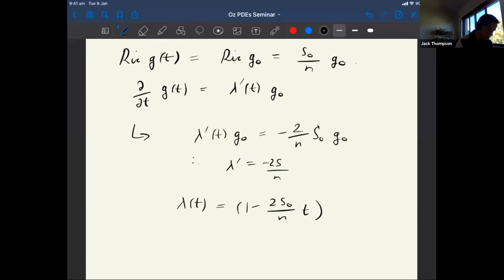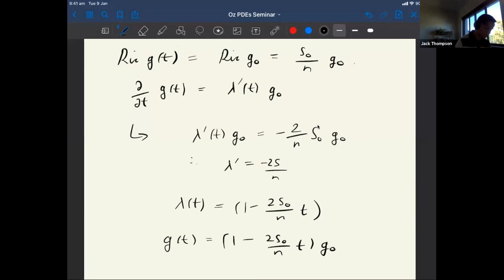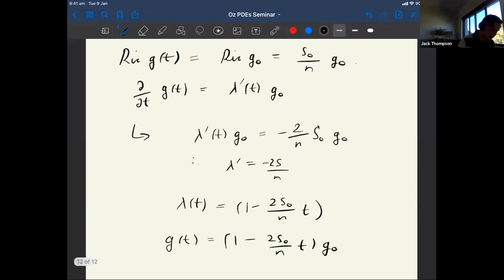So some things to note. This solution is homothetic, by which I mean that it's a constant multiple of G naught, and depending on the time, depends on what that constant multiple is. So if we look at this, firstly, if we have zero scalar curvature, then this time term is going to vanish and we're just going to get G naught.